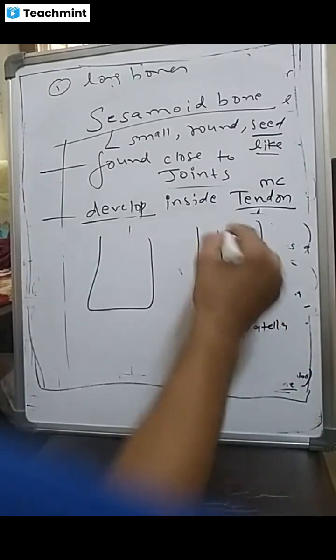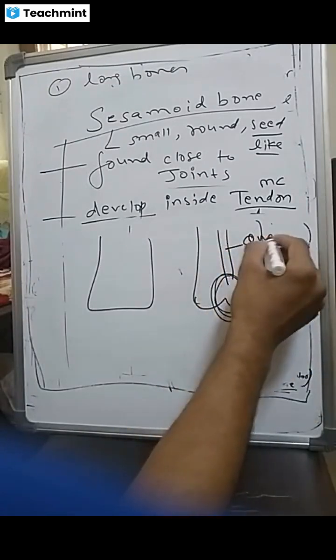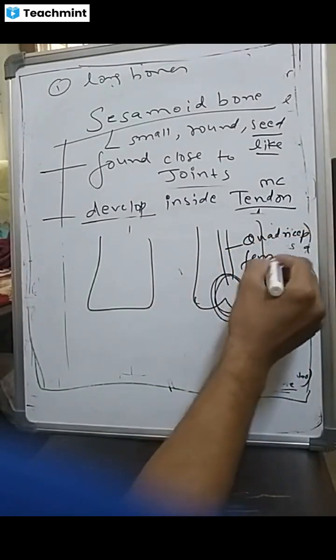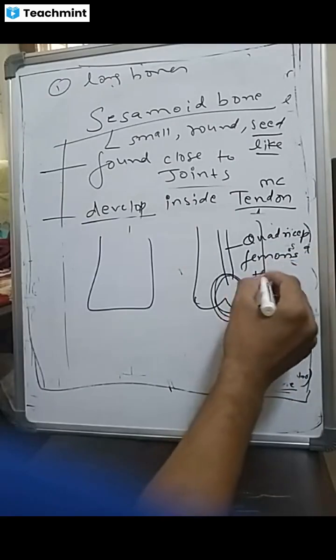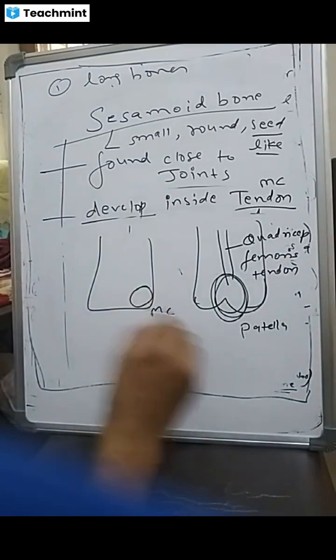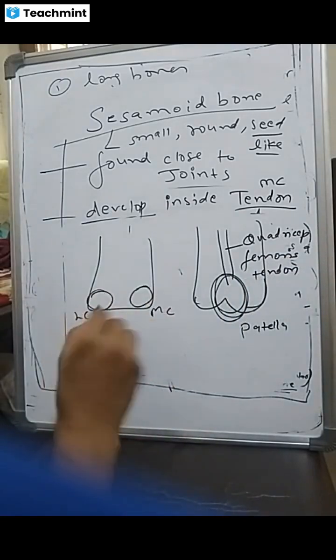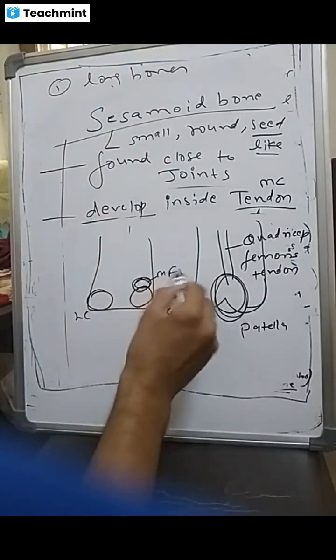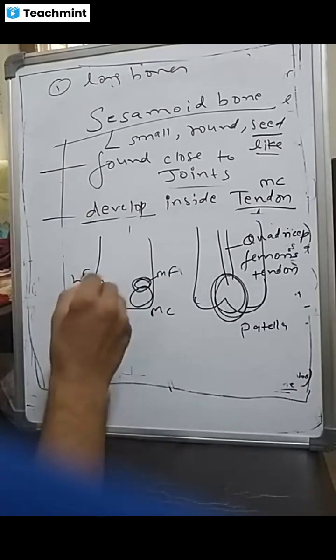Which tendon is related with this? The quadriceps femoris tendon. Here we have the medial condyle and lateral condyle, and the medial and lateral fabella.